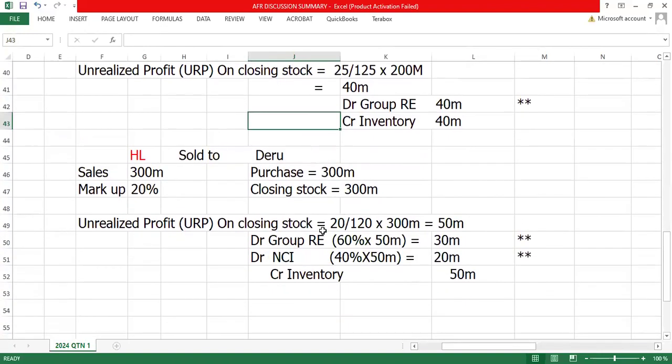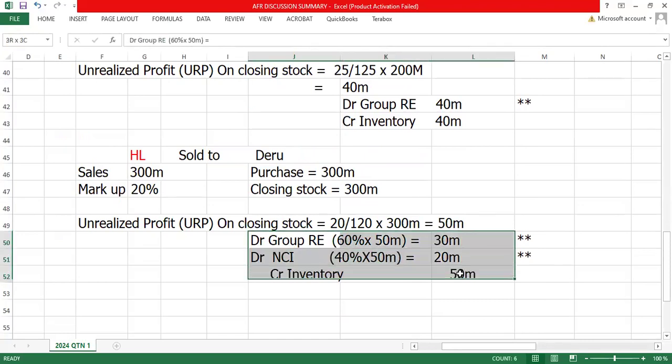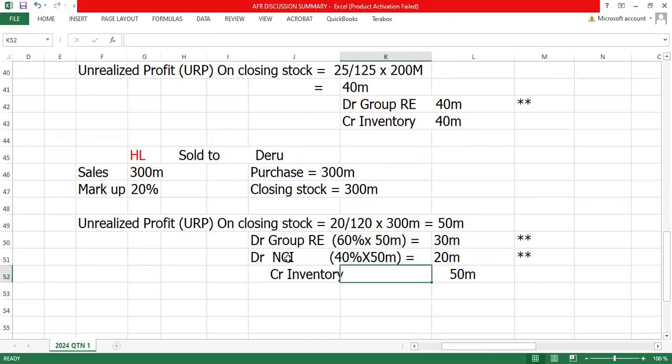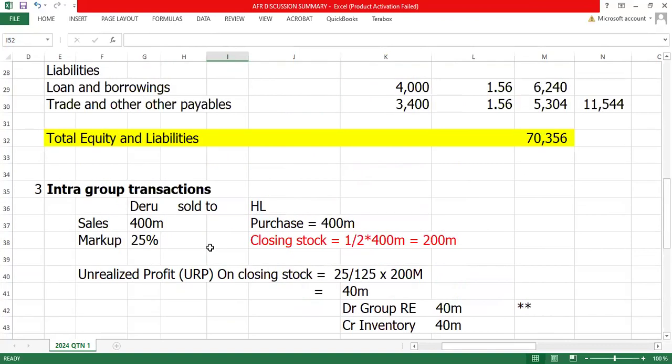If it's a subsidiary selling, it's the subsidiary who recognized the profit. As you eliminate, one portion will be eliminated from NCI. If it's a parent, the whole profit will be recognized by the parent. That's why we are not apportioning here.